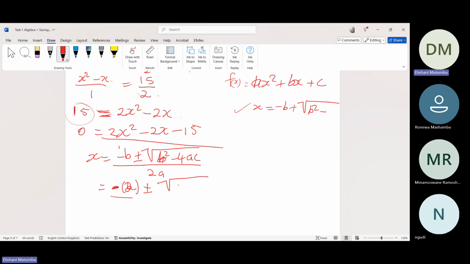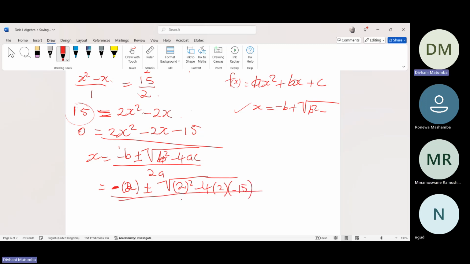So we have this will be 2 squared minus 4 times, what is the value of a? A is 2. Okay, and c? C is negative 15. Okay, perfect.